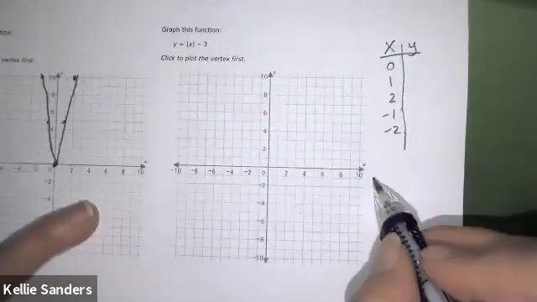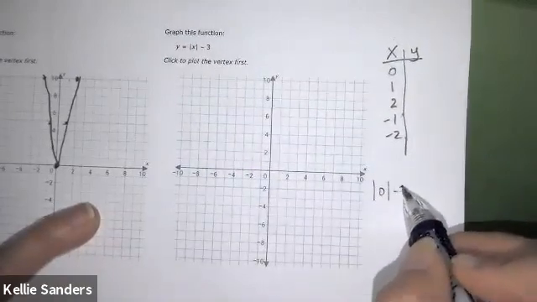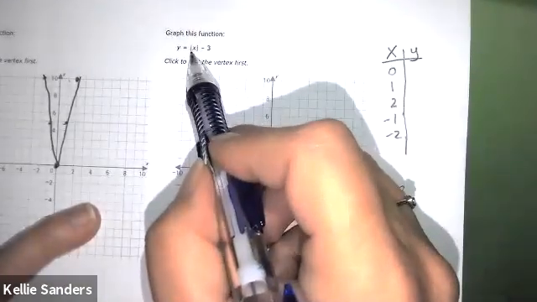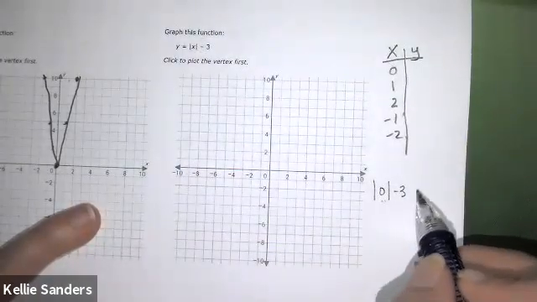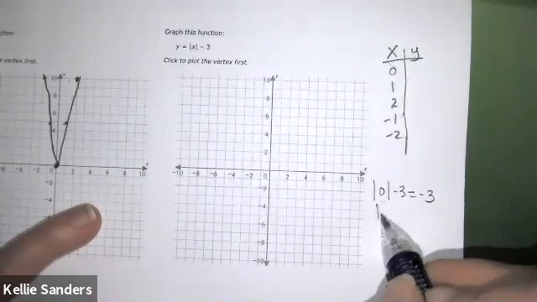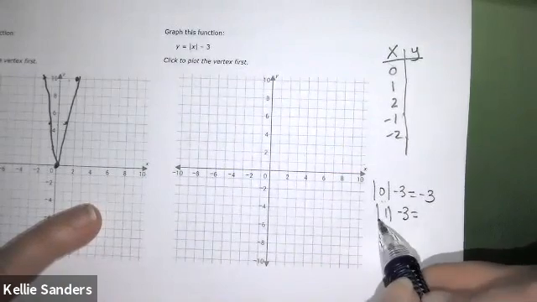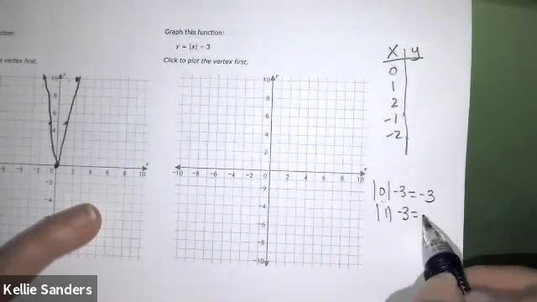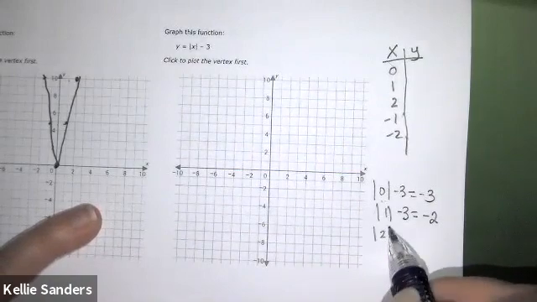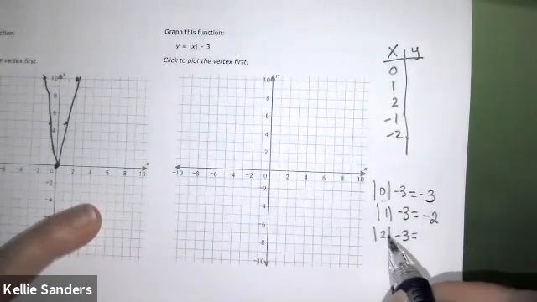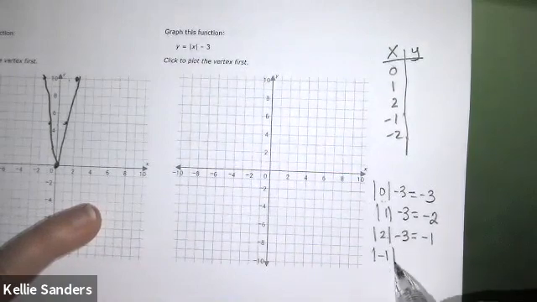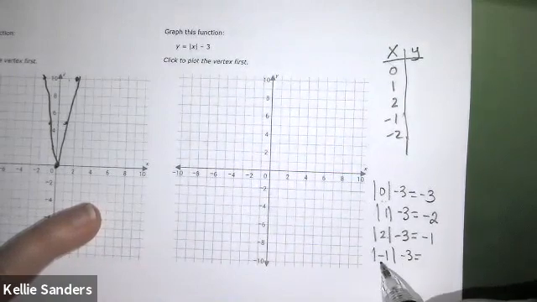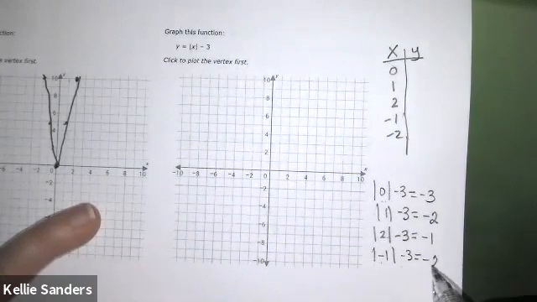All right, so if I put the absolute value of 0 minus 3, because I'm putting 0 in for the x and then subtracting 3, the absolute value of 0 is 0. 0 minus 3 is negative 3. The absolute value of 1 is 1. 1 minus 3 is negative 2. The absolute value of 2 is 2. 2 minus 3 is negative 1. The absolute value of negative 1 is positive 1. Positive 1 minus 3 is negative 2.